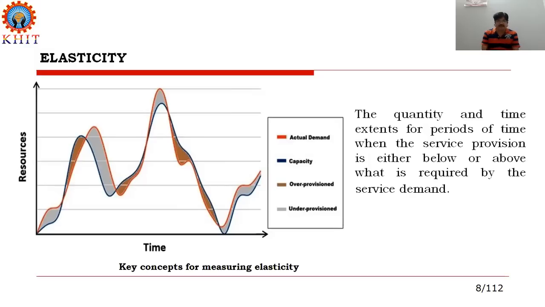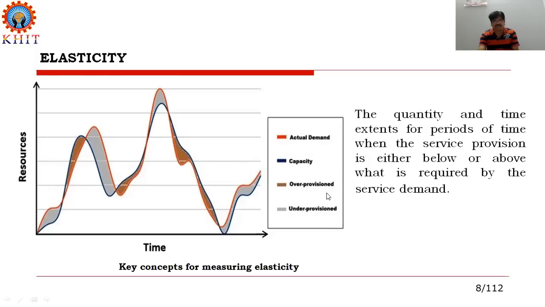Suppose the capacity of the server is less than the actual demand. At that time we need to improve our capacity by adding some services, because for maintaining stability and overcoming the problem, we use the term elasticity. In elasticity, sometimes there is over provision and sometimes under provision.